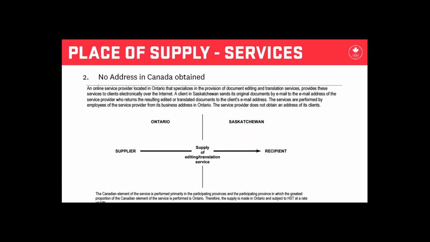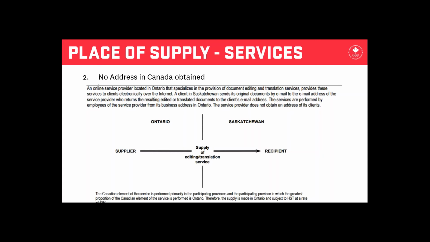The service provider does not obtain the address of its clients, and that's an important point to dwell on for a second. Because it doesn't know where you are, it can't possibly charge you your local tax. It has no hope of doing so.